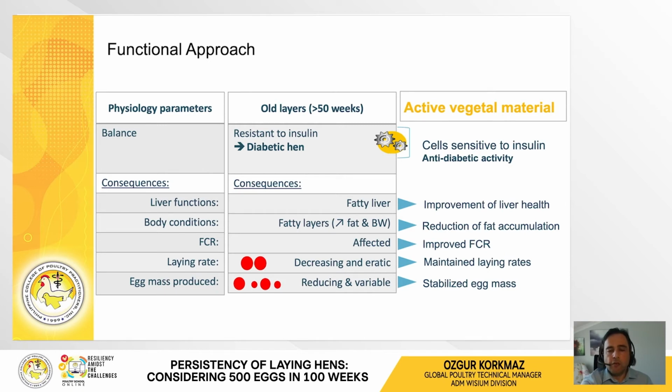And if we create sensitivity to insulin with this active vegetal material, we will improve liver health, reduce fat accumulation, improve feed conversion ratio, maintain persistency, and stabilize egg mass.